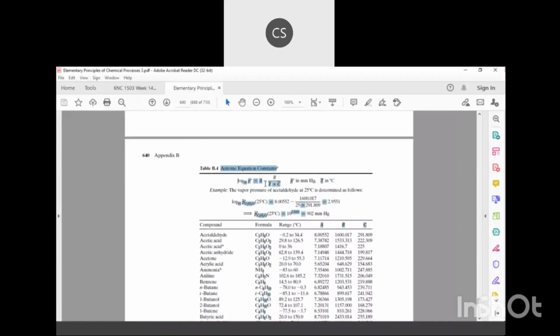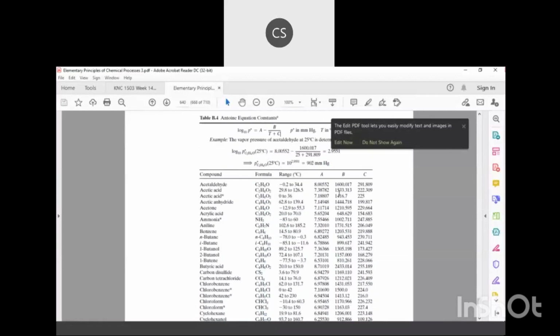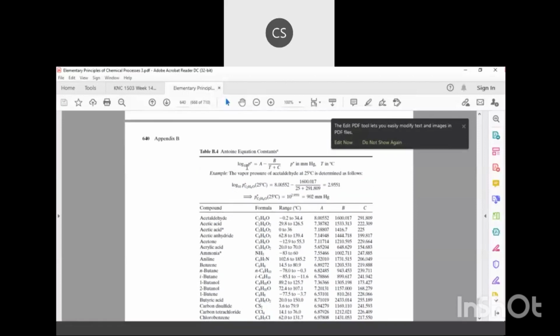Here is the formula: log10 P, the vapor pressure of the pure species, equals A minus B over T plus C. P is in millimeters of mercury, and T is the temperature in degrees Celsius. You can refer to the table for A, B, and C of the compound, so that you can calculate the vapor pressure of the pure species at a certain temperature.